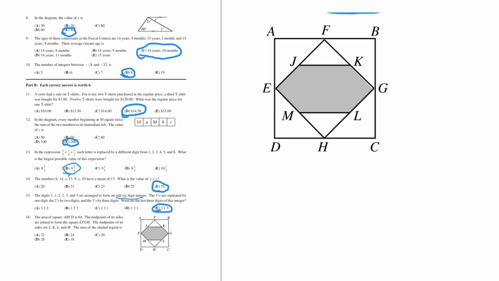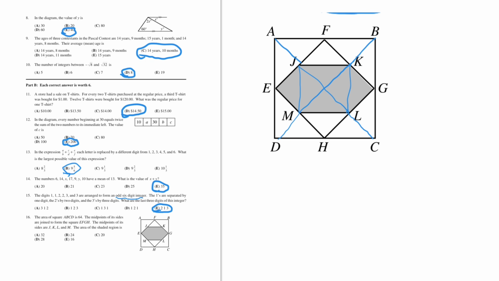Let's join some segments. So we connect KB, AJ, KL, JM. Connect these all together.